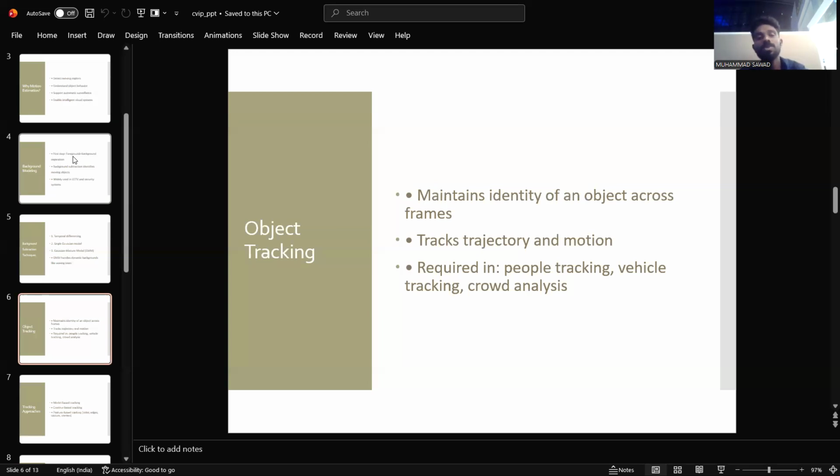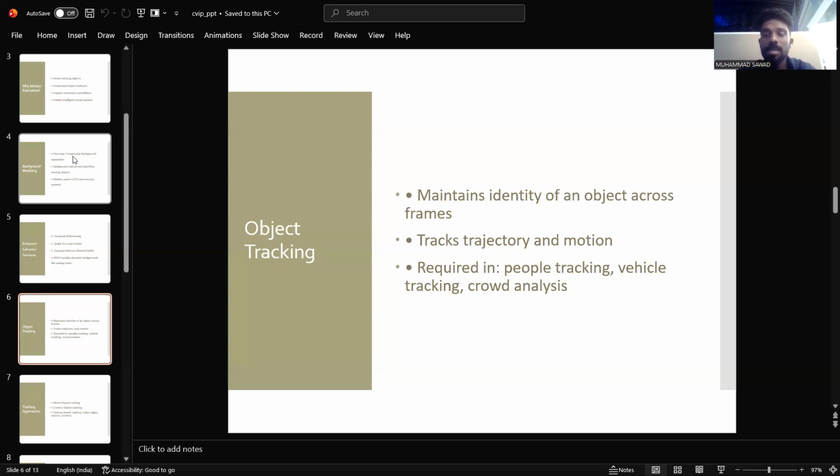Object tracking is also an important part of motion analysis. Once moving objects are detected, the next step is tracking them over time. After the object is detected, the next step is tracking it one by one in frames over time.